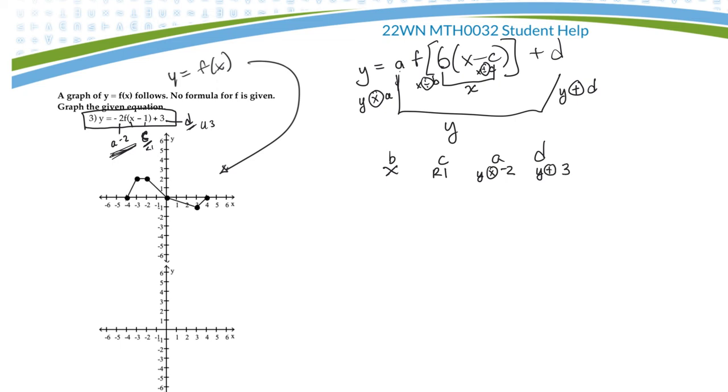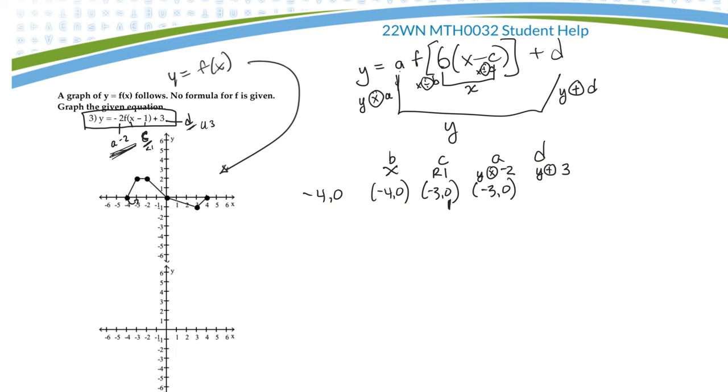Okay, so let's start with our first point, -4, 0. Nothing happens with B, so it stays at -4, 0. But C moves it right 1, so it would be at -3, 0. Then I take the y value and multiply it by -2. Well, 0 times anything is still 0, so this point won't change.